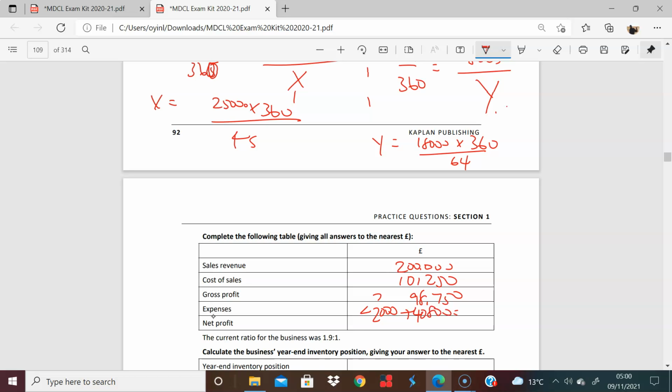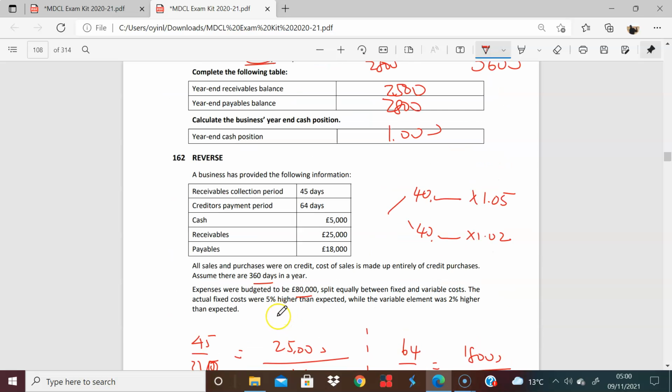Add the two together and you have 82,800. Your net profit is about taking this away from the 98,750, and so you have in the end a net profit of 15,950. And there we are.